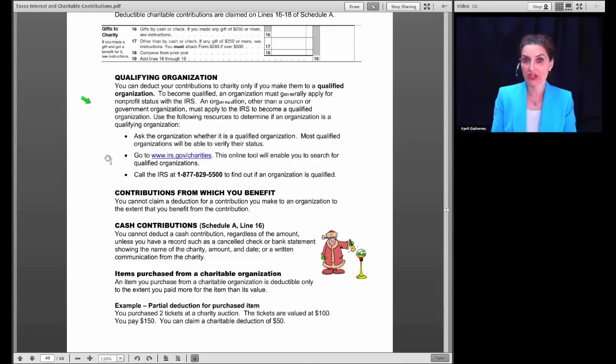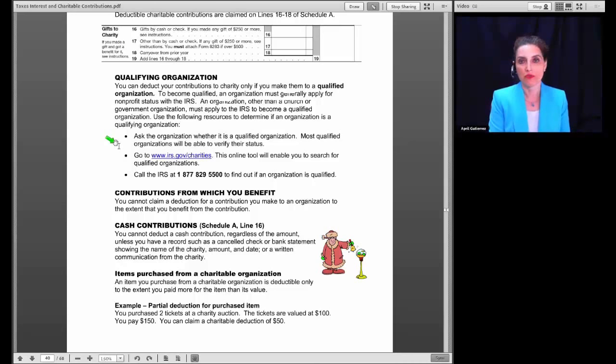So if they are a church, then technically, according to that instruction, they're not required to seek out status, and you could assume they have it automatically. But churches must still behave in a manner that is allowable. For this reason, for example, churches are not supposed to engage in lobbying or political efforts, because if they do, then they're not considered to be qualified organizations.